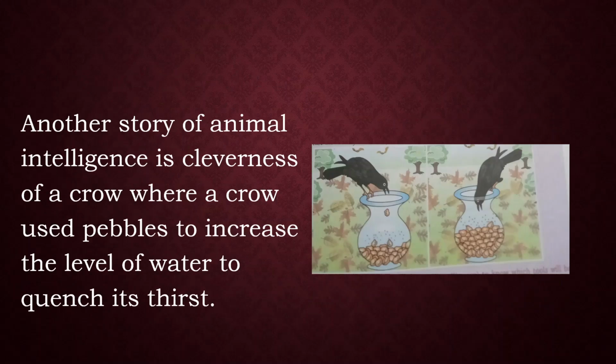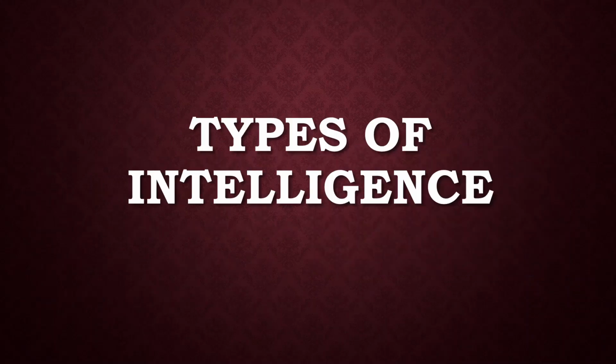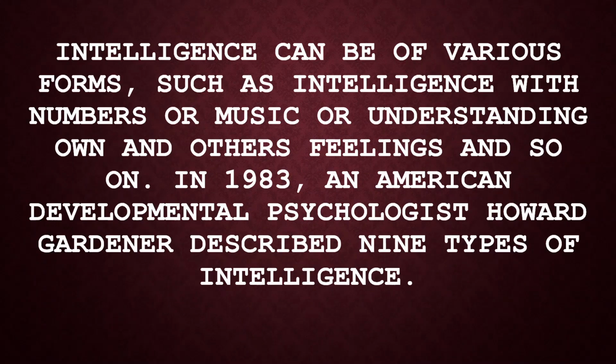Next, another story of an animal's intelligence is the cleverness of a crow, where a crow used pebbles to raise the level of water to quench its thirst. The next topic: types of intelligence. Intelligence can be of various forms, such as intelligence with numbers or music or understanding own and others' feelings and so on.